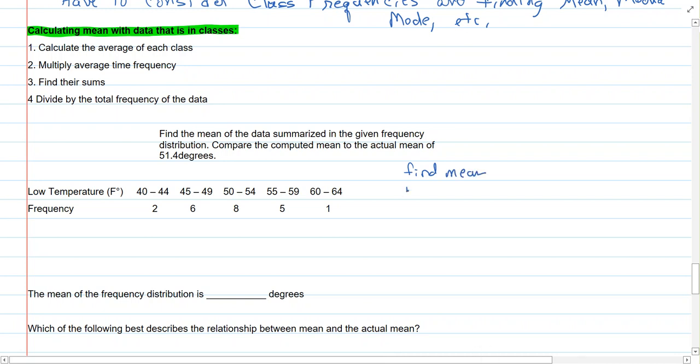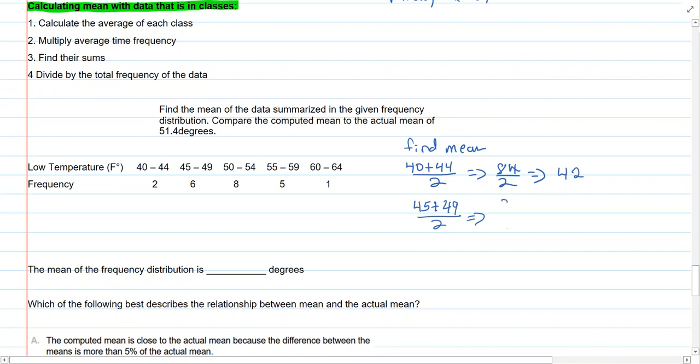So we have the 40 plus the 44 divided by 2, and I get 42. And I have the 45 plus the 49 divided by 2.